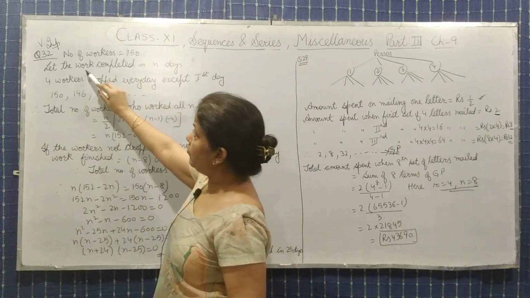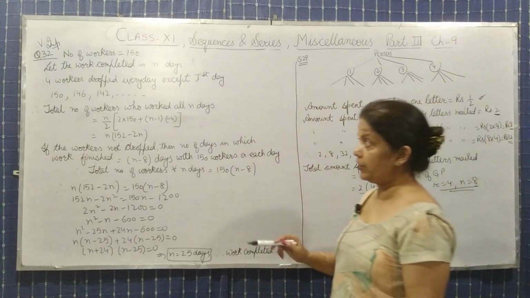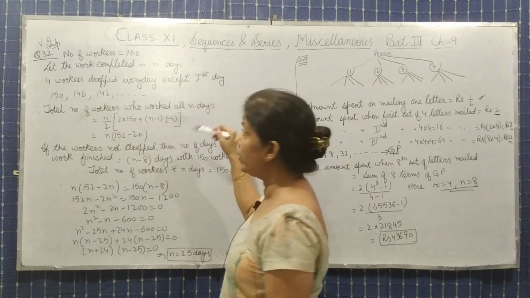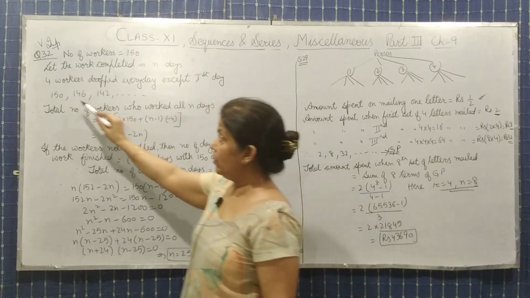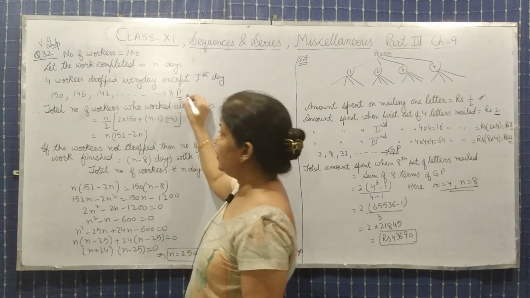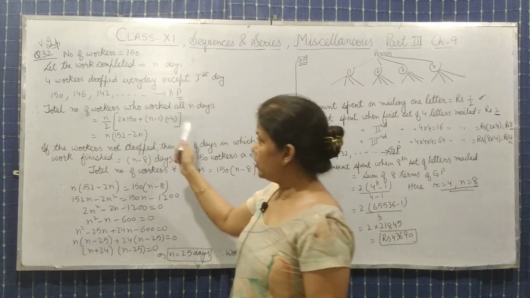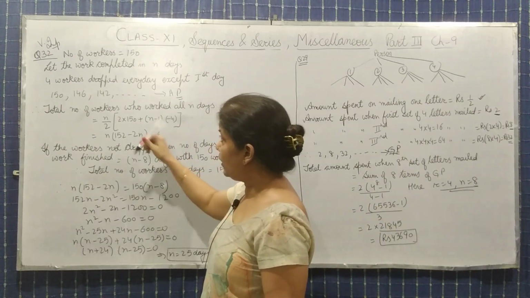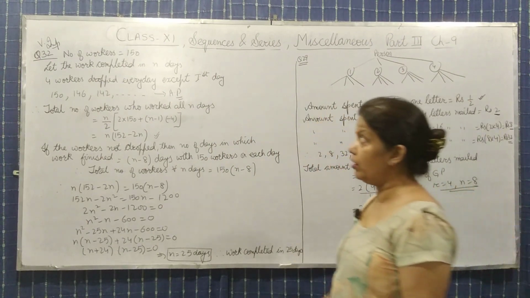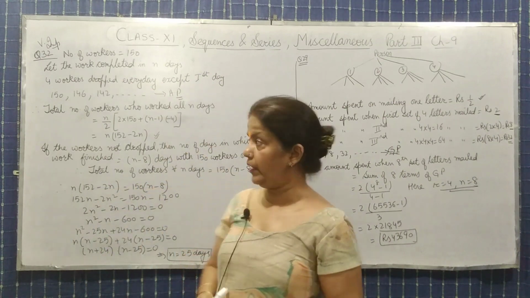So we will assume that let the work completed in n days. So the number of workers who worked all n days forms an AP series. So n by 2 into 2a plus n minus 1 into d. Solve it, you will get this. These are the number of workers who worked all n days. We are taking let the work completed in n days.